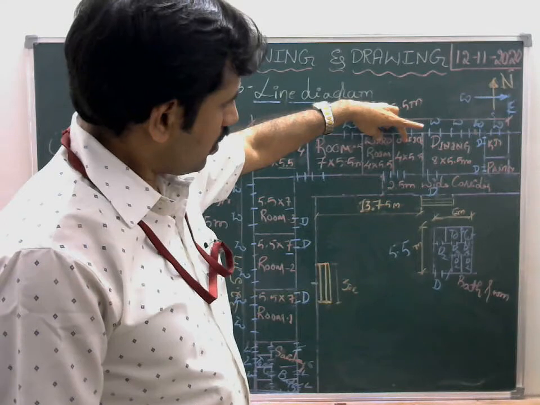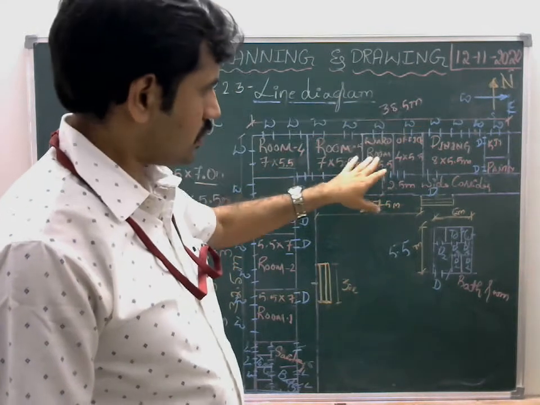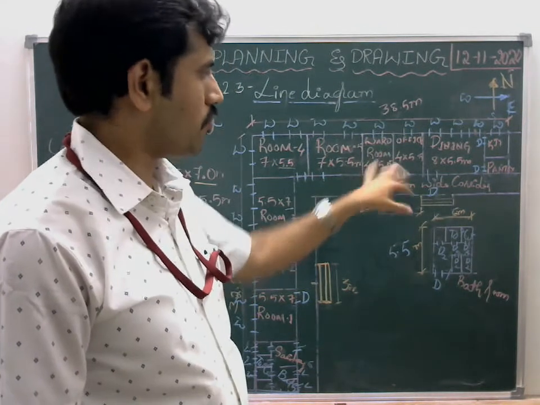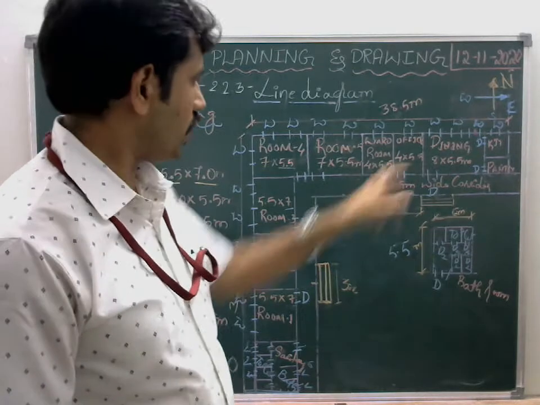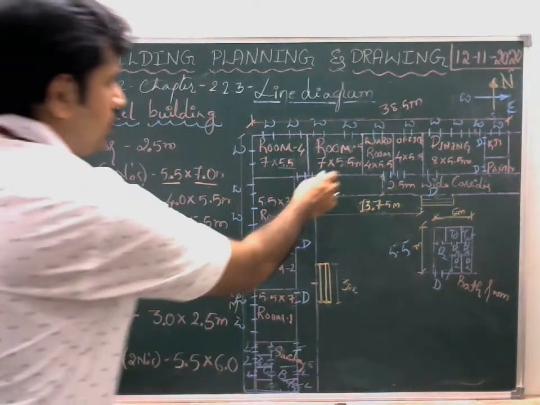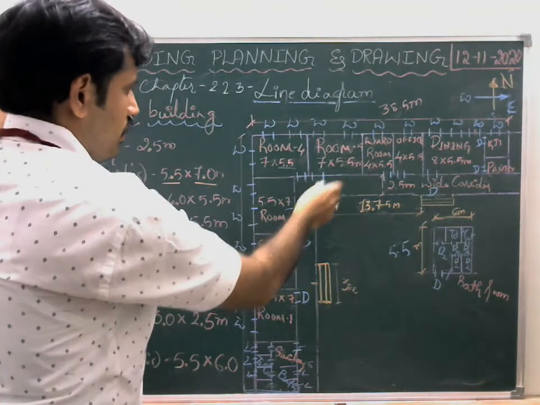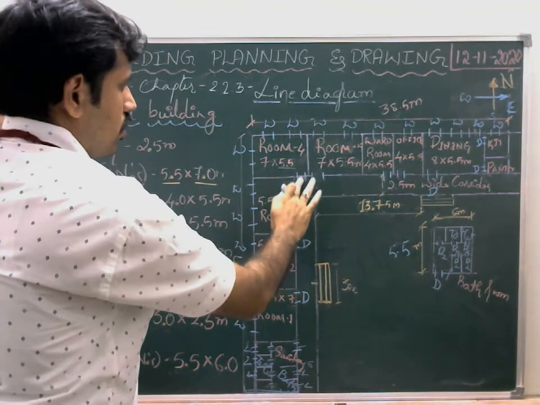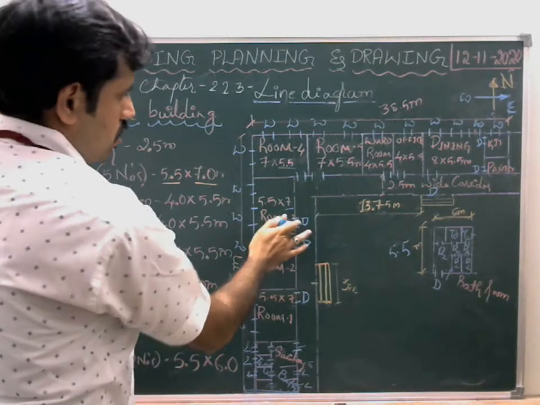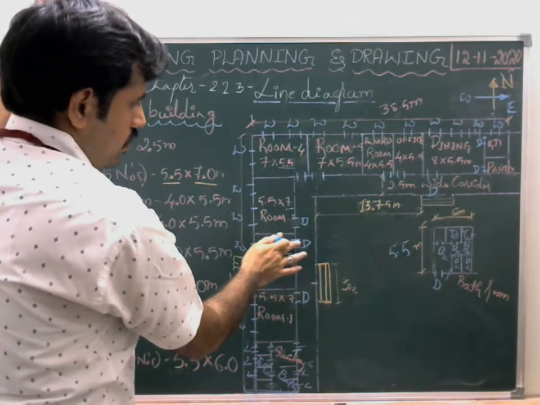These two are adjacent to each other. Why? Because you can move very easily from one room to another room, and the rooms are provided at one end. So here a door is provided, and then here a door is provided.